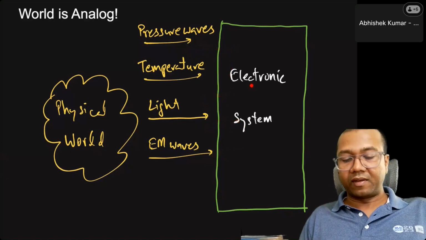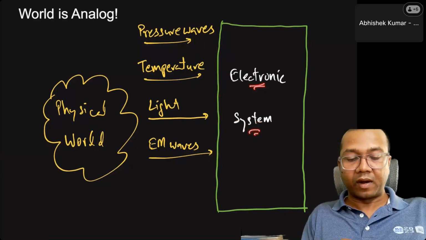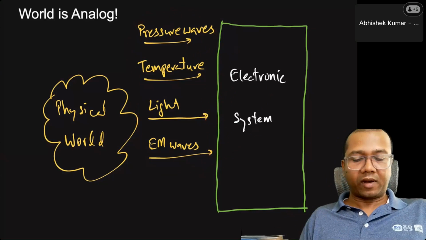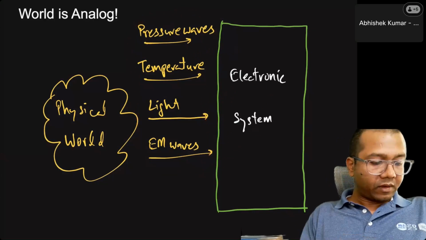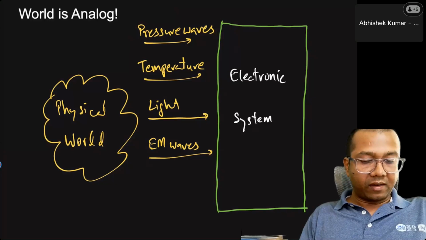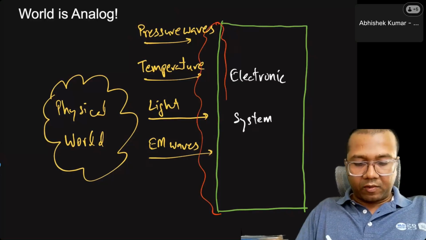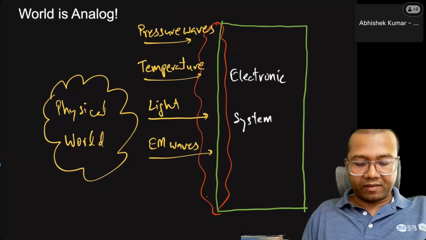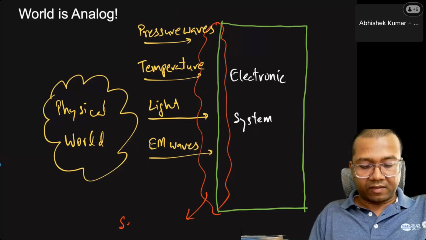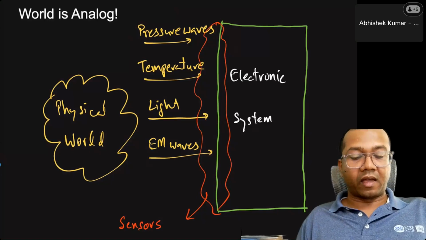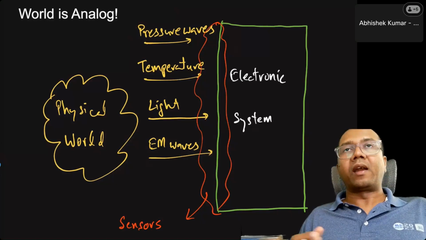Okay, so we start with these analog electronic systems. It means whatever may be the physical quantities here have to be converted into electrical quantities. Okay, so what do you need? You need some kind of sensors. So I will show this interface and say that these are your sensors which are converting these analog signals which are present in the real world into electrical domain.